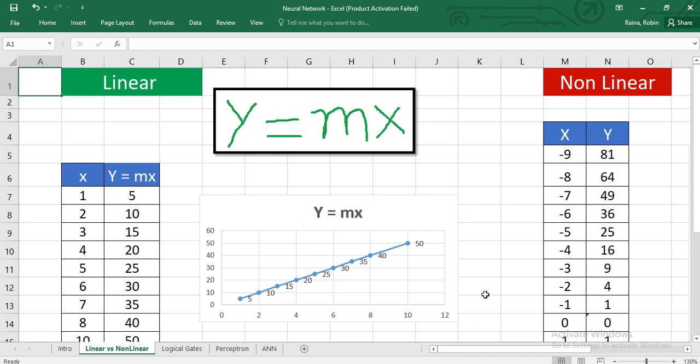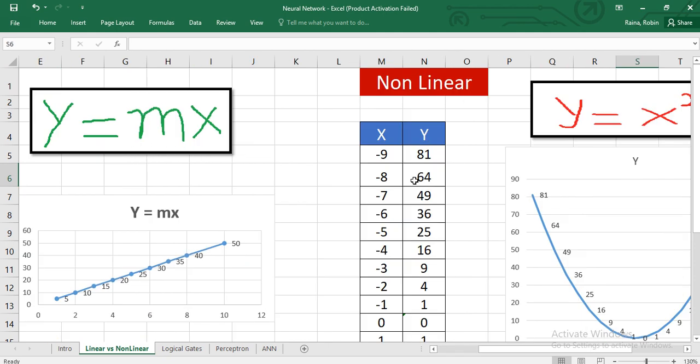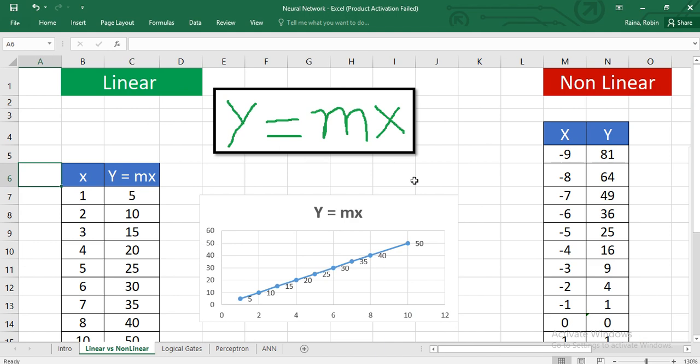In layman's language, on a Cartesian plane, a linear function is a function where, when you try to draw a graph, it should always be a straight line. The line can go in any direction, that doesn't matter, but it should always be a straight line. And a non-linear function can never be a straight line. It can be of any shape. The name itself suggests that it is non-linear in nature.